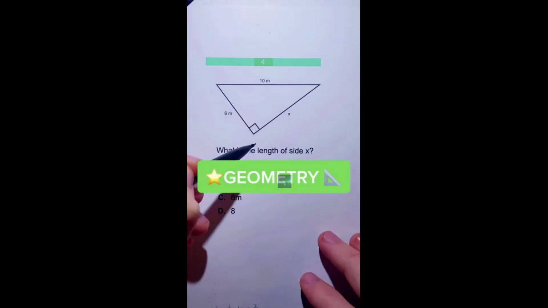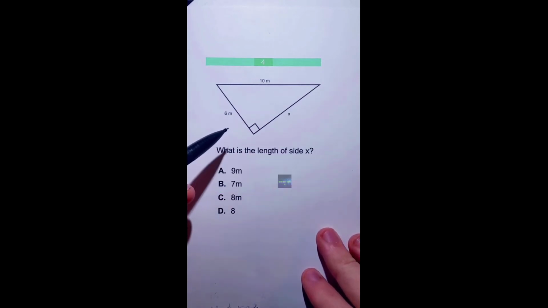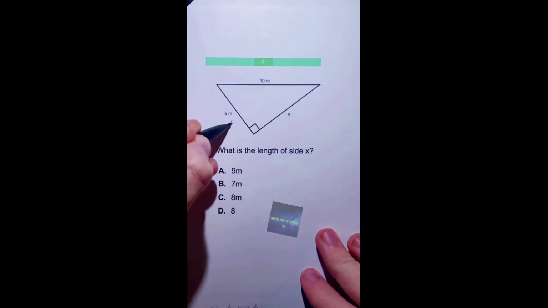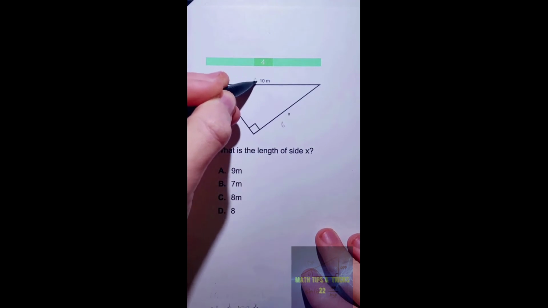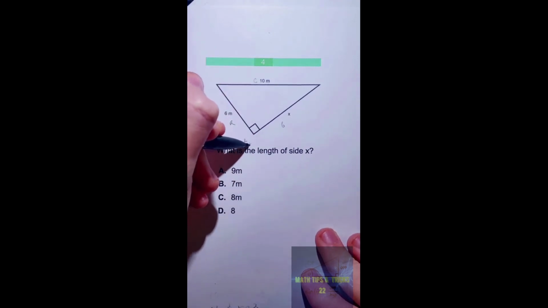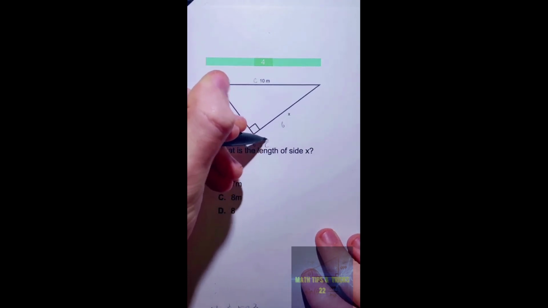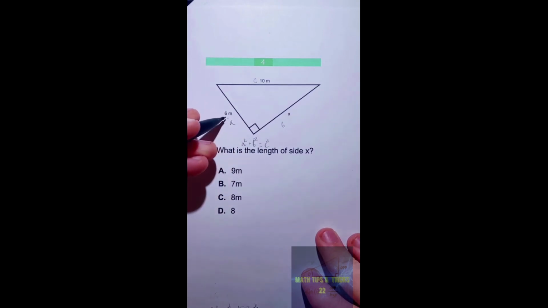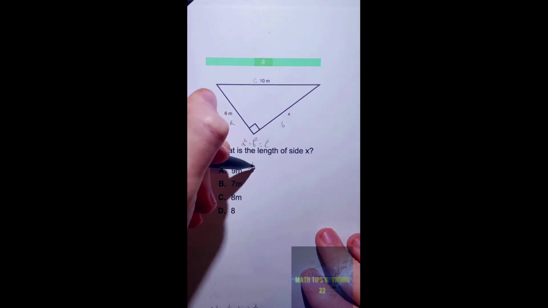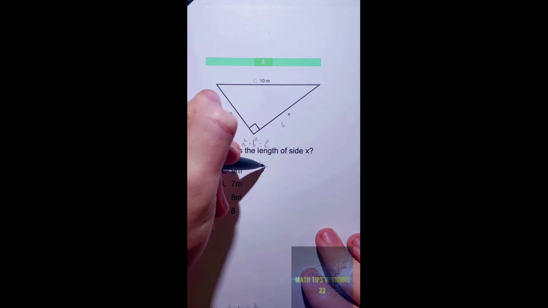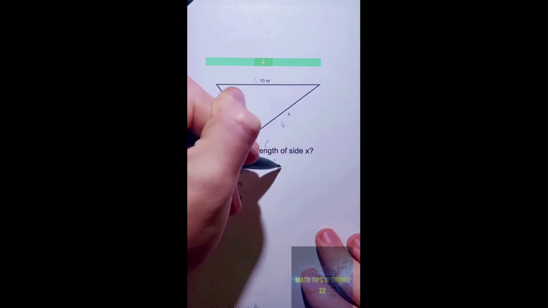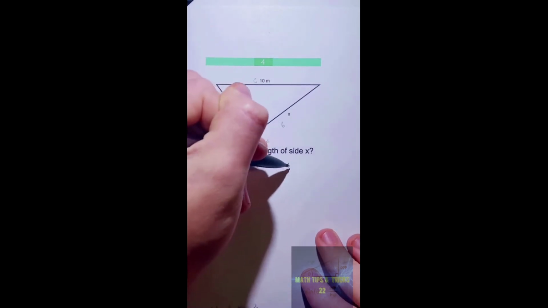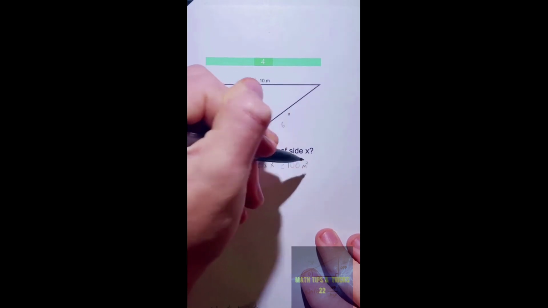What is the length of side x? All right, to solve this, we can use the Pythagorean theorem, which is just that if this side is a, this side is b, and this side is c, that a squared plus b squared is equal to c squared. So we can plug in. 6m squared is 36m squared plus x squared is equal to 10m squared. So that's 100m squared.